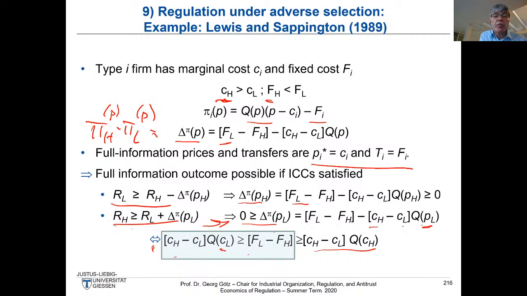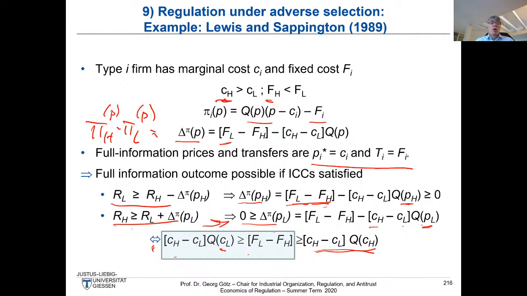Okay, that's from this condition. And from the other condition here, from the incentive compatibility constraint of the low type, we get that FL minus FH is greater than CH minus CL times Q of PH, but PH, if we implement first best, is equal to CH. So that's what is here.